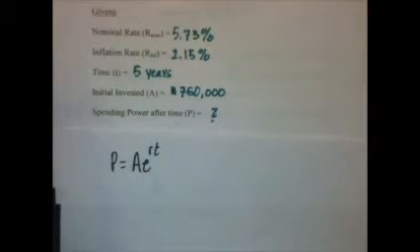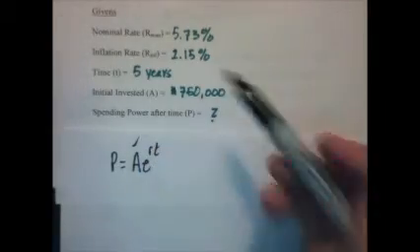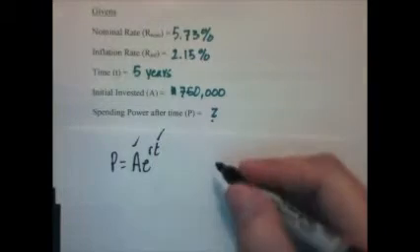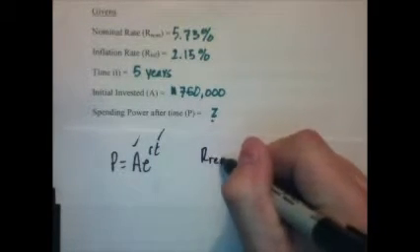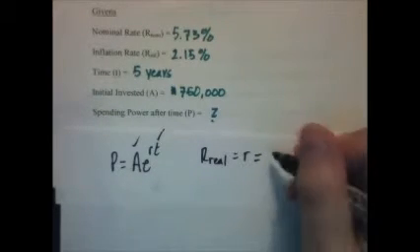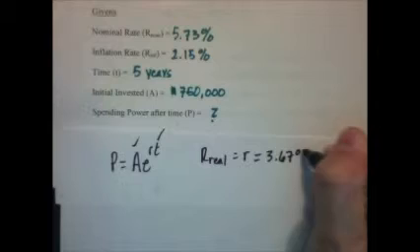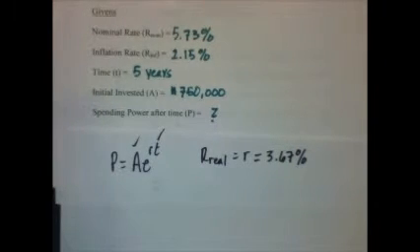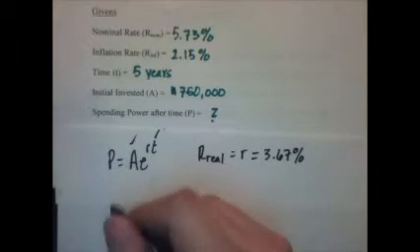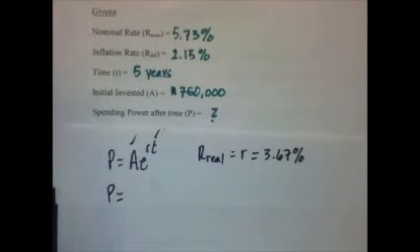And in here, we have the A, we have the T given in our givens, and the R is actually our real interest rate, which equals 3.67%. So from here, to solve for our spending power of P, we just, again, plug and chug the givens into the equation. The hardest part about this equation is converting from your nominal interest rate into a real interest rate.